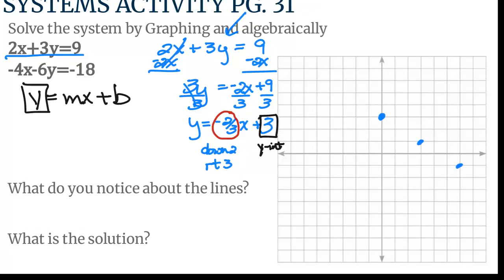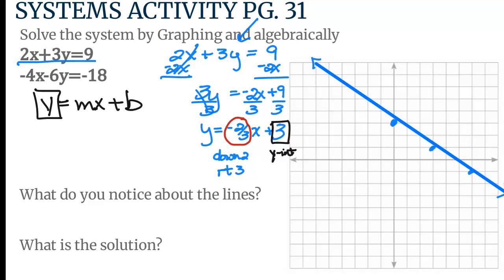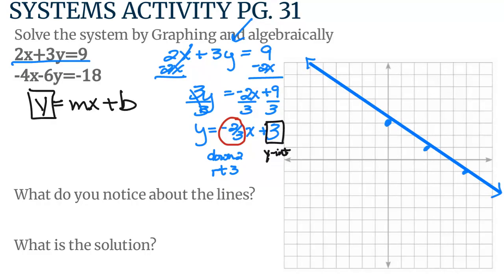And take your handy dandy ruler and let's make a nice little line, like so. And remember, since it is a line, it continues forever. You should put some arrows on the end points. And that is our first one.